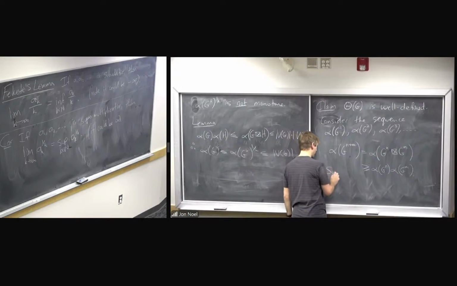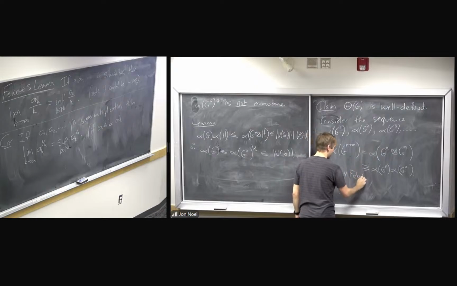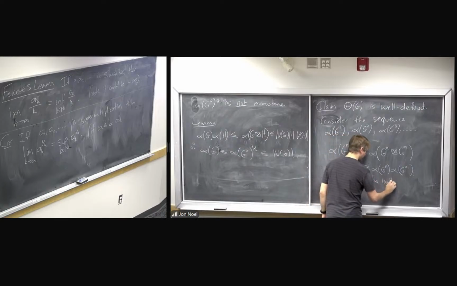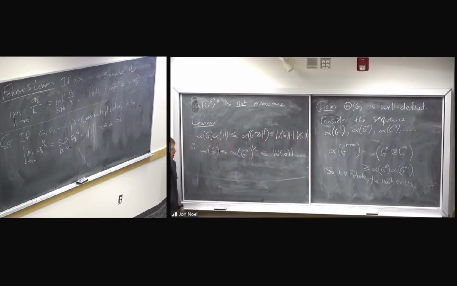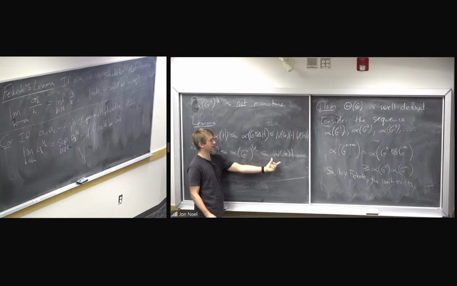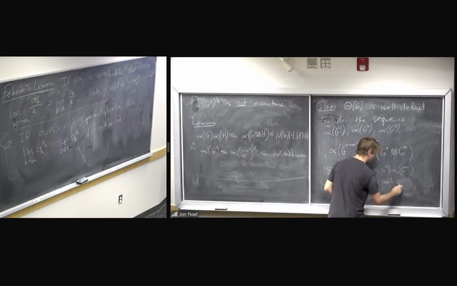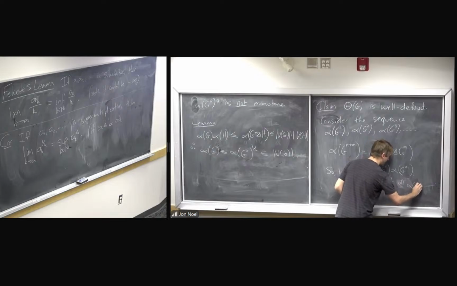So by Fekete's lemma, the second version, the limit exists. And it can't be infinity, because we know that for every k, this number can't exceed the number of vertices of G. When I say the limit, I mean the limit of alpha of G to the k, to the 1 over k, exists.